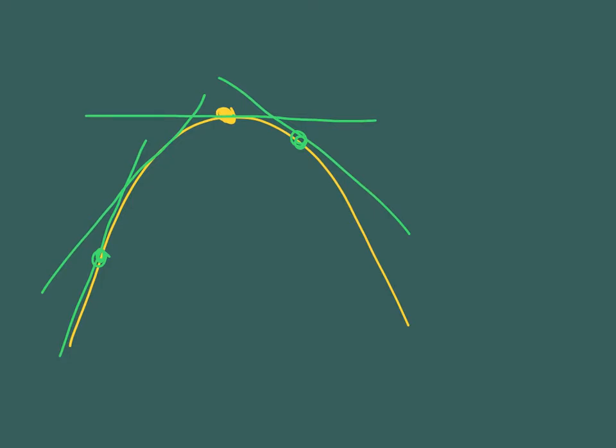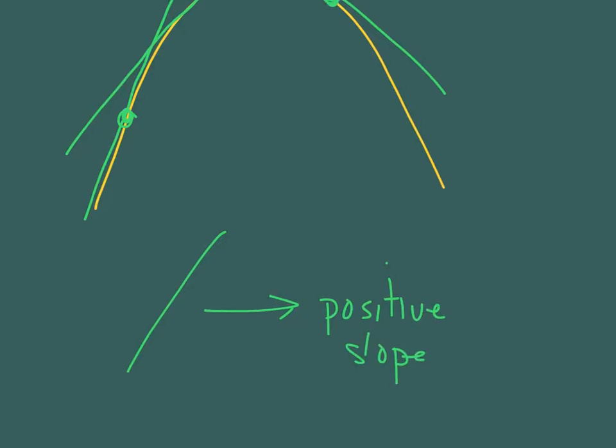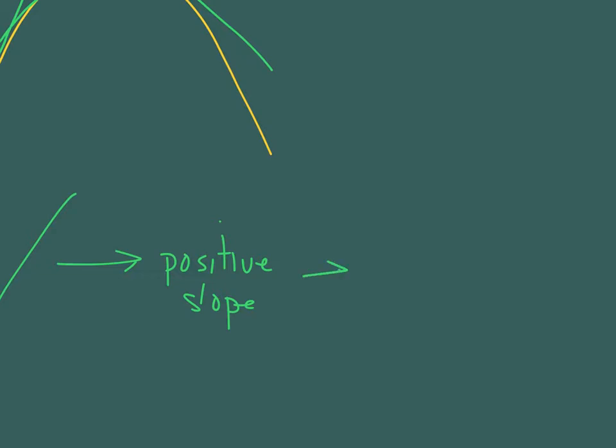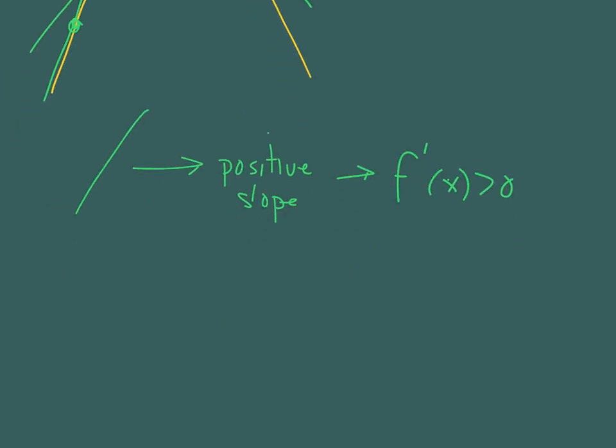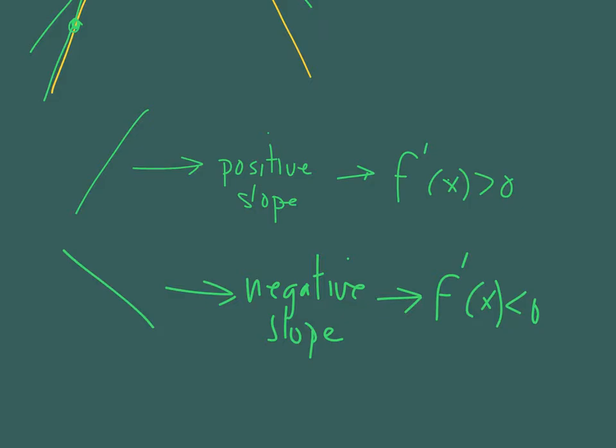When the slope is inclined this way, that means a positive slope, and a positive slope means that the derivative is greater than 0. If the tangent line is inclined this way, we have a negative slope, and this happens when the derivative is less than 0.